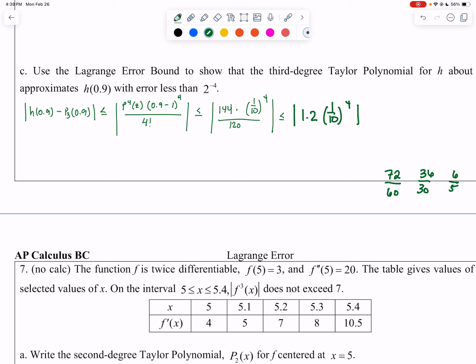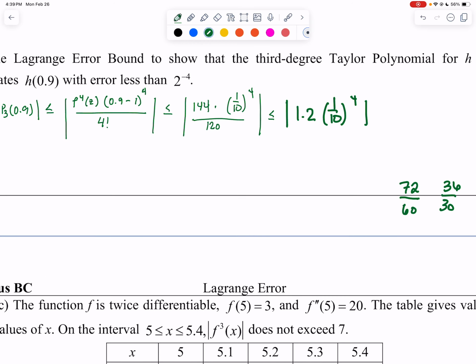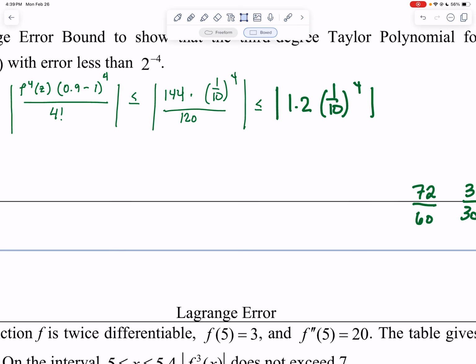Well, if I were to think about this here, 1 over 10 to the 4 is the same thing as 10 to the negative 4.